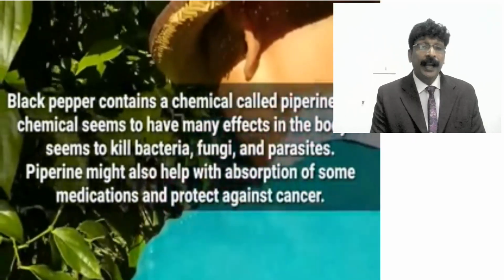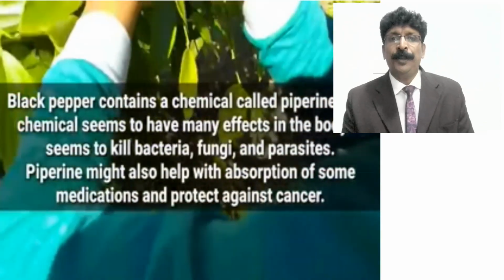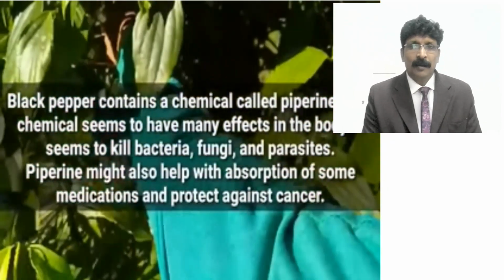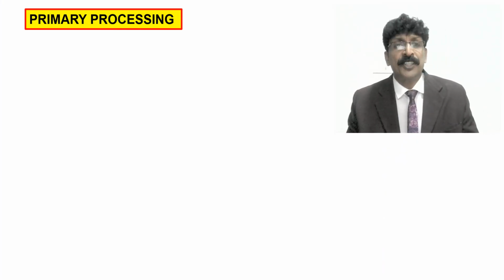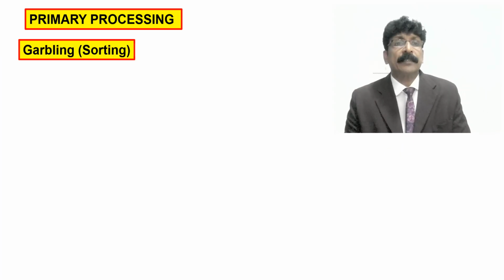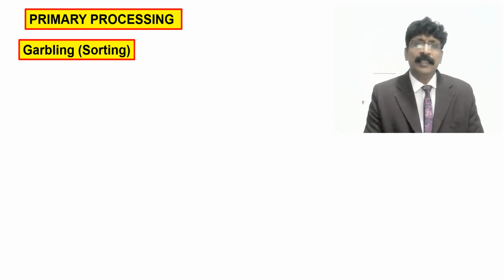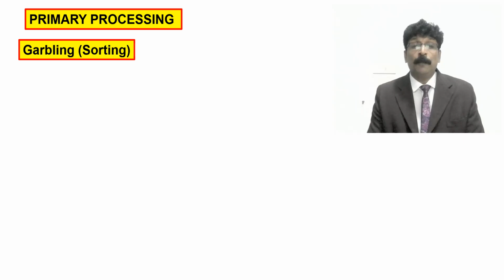If not needed, it also has to be used to prepare them. So primary processing, when you want to go for explanation, first starting with garbling, otherwise it can be called sorting out, separating the impurities, separating the unwanted parts.